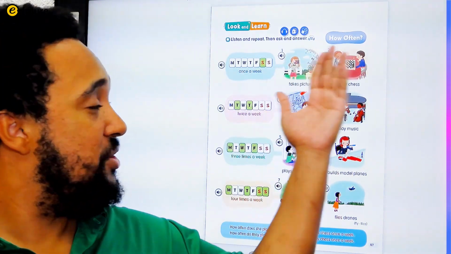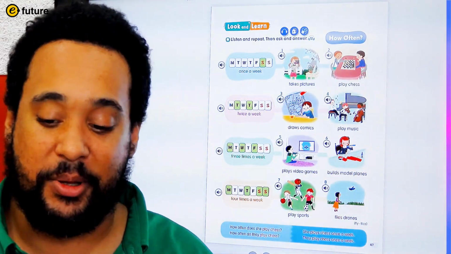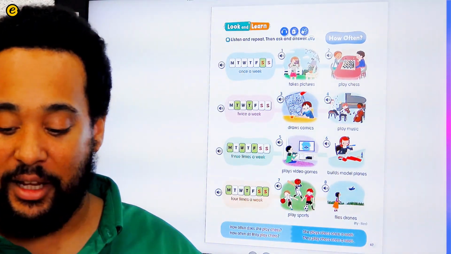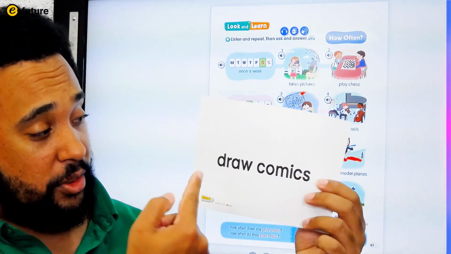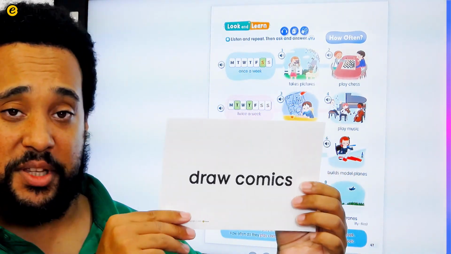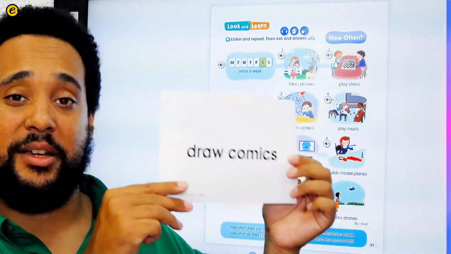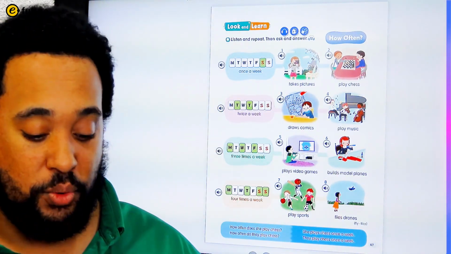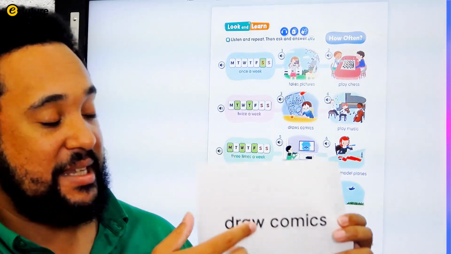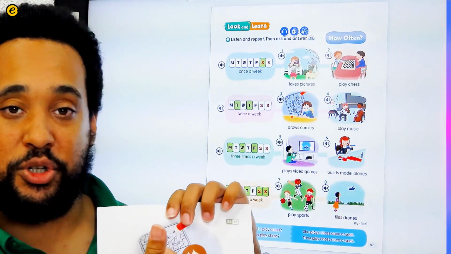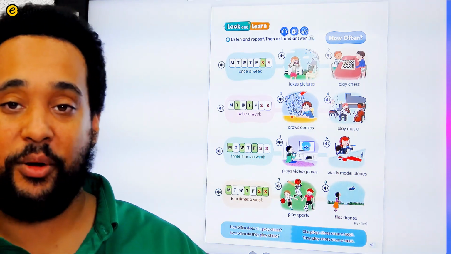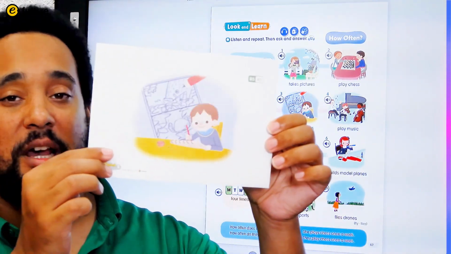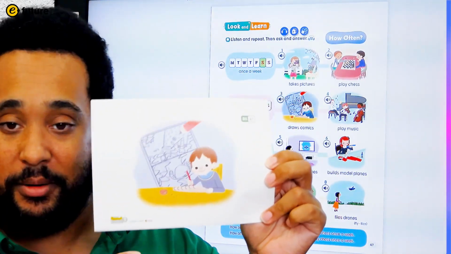Now, we're going to practice and look at these vocabulary words together. So what I will do is I will show you up here the words. So this is draw comics. When I pick up a flashcard, you are going to try and match the sentence to the picture, okay? So I will hold up draw comics, and you will pick up and hold up the correct mini flashcard, okay?